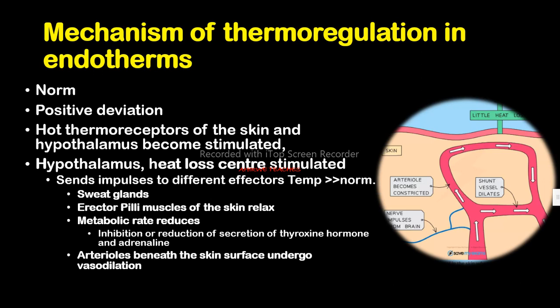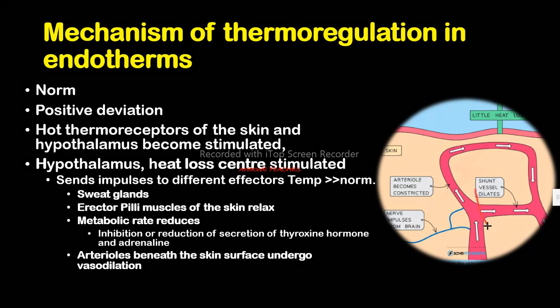Okay? And the shunt vessel, now this is the shunt vessel, this vessel that makes blood bypass these capillaries. So now, because you want to lose more heat, the shunt vessel is going to contract and reduce its volume.